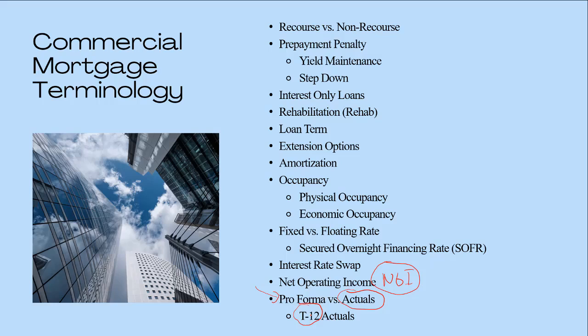Some people may ask for the T3, meaning just the last 3 months, which is much more current. It's maybe not going to be averaged out over these other months that are further away. But typically T12 is the standard that you want to get to really understand what's been happening with a property on an actual basis.